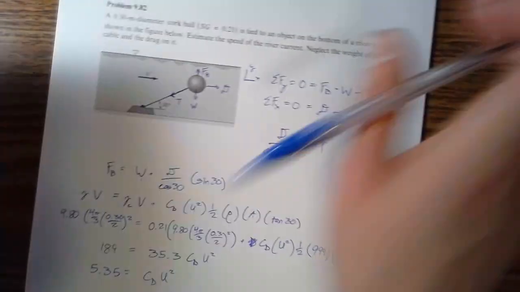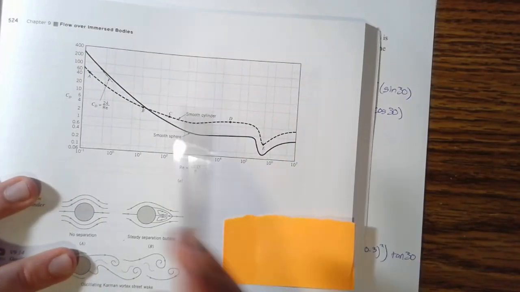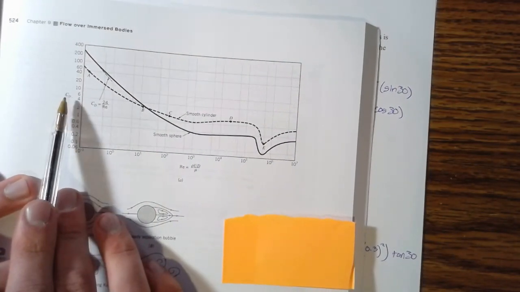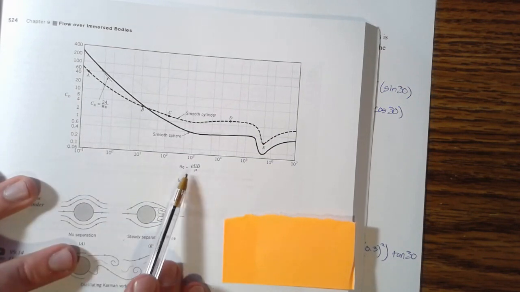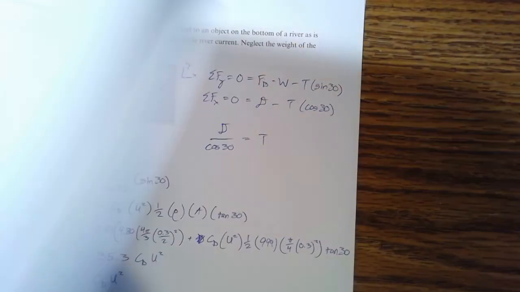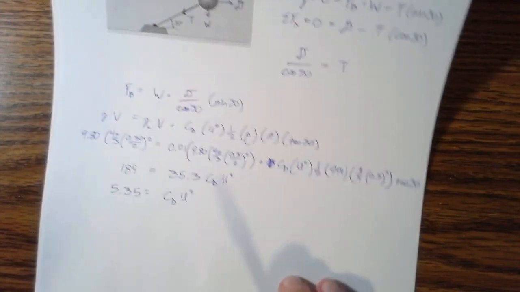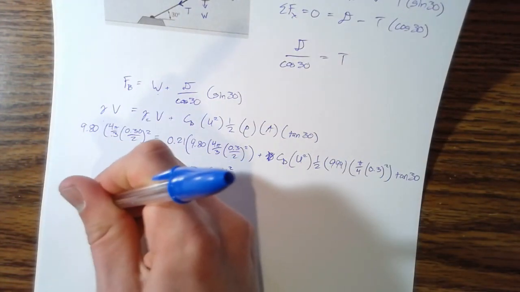So if we look at this chart that's in your textbook or would be given to you on an exam, we have the coefficient of drag on a sphere related to our Reynolds number. So let's solve for our Reynolds number in terms of our river velocity here real quick, and then we can do our guess and check method.